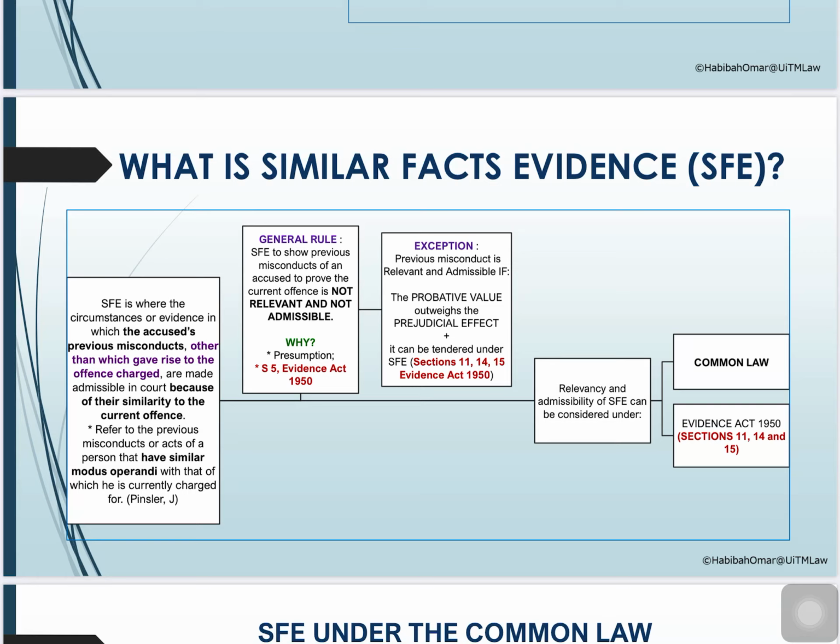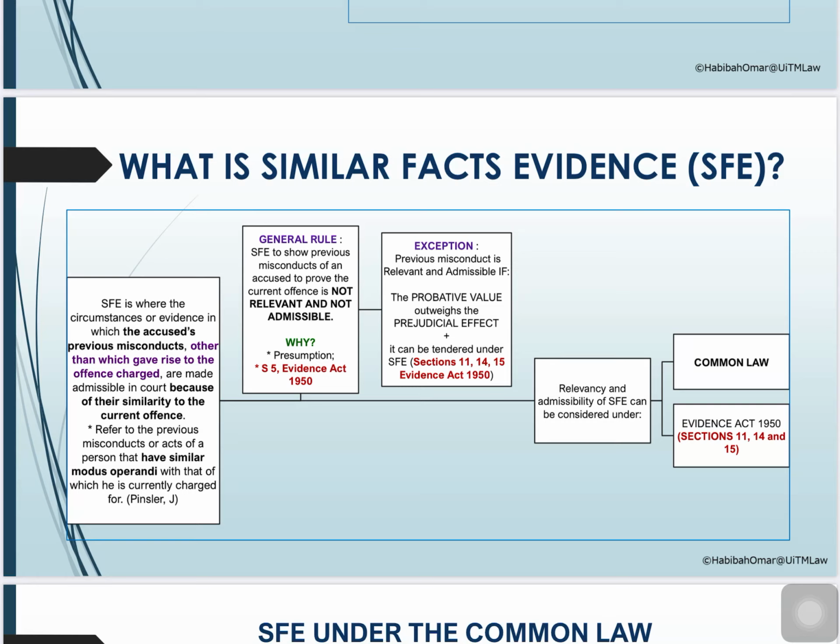Because the current offence is similar or has the same modus operandi as the previous offence which he has committed. So that is one of the rationales why similar facts evidence is generally not relevant, therefore not admissible.